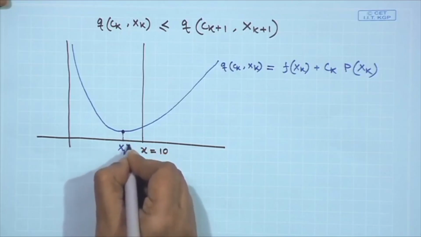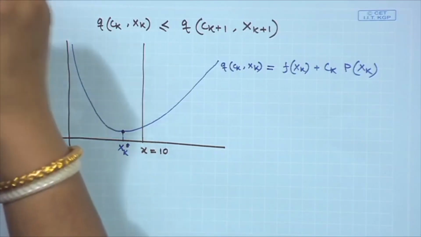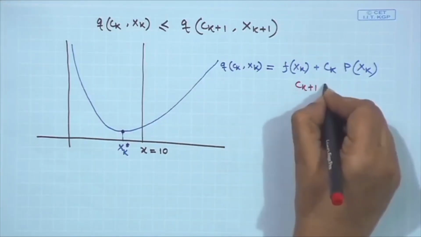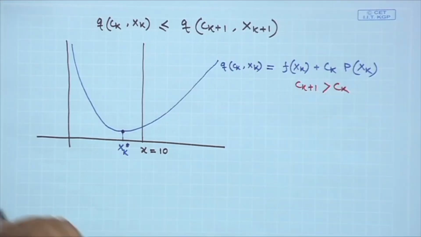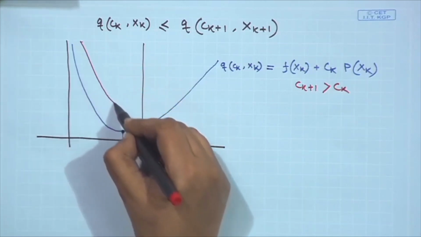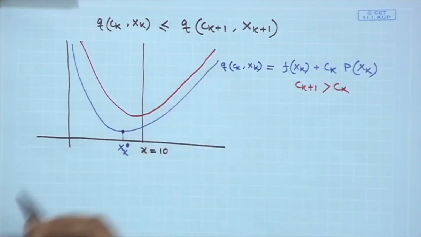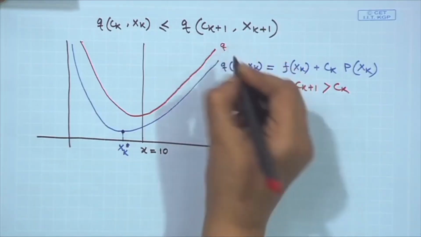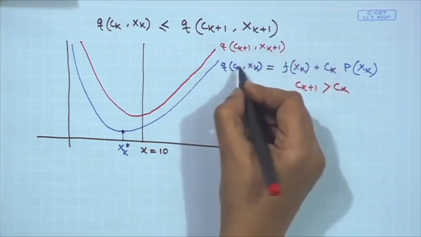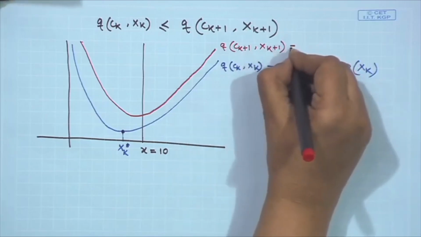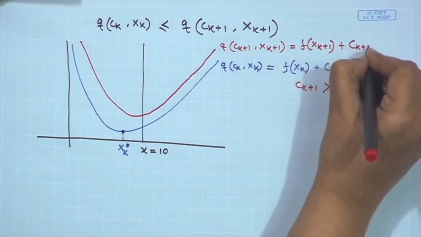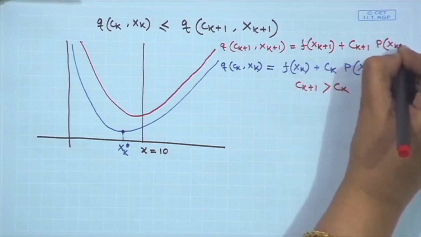That is why this value would be x_k star. Okay. We have another, if we just take c_{k+1}, that is more than c_k. If we consider this case, then the next function could be this one, where this function would be q_{c_{k+1}}(x_{k+1}), because k is changing to k+1. This is equal to f(x_{k+1}) plus c_{k+1} p(x_{k+1}).